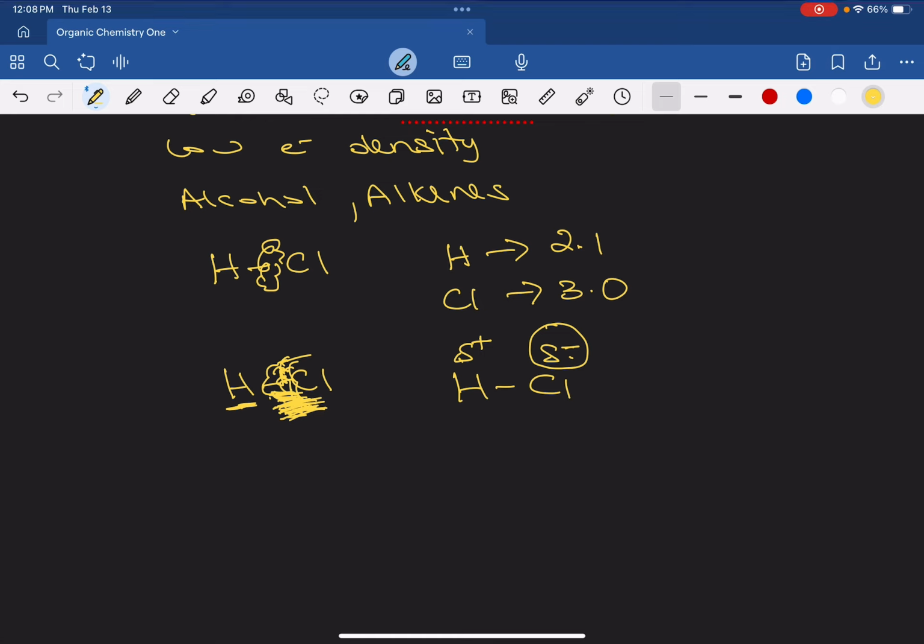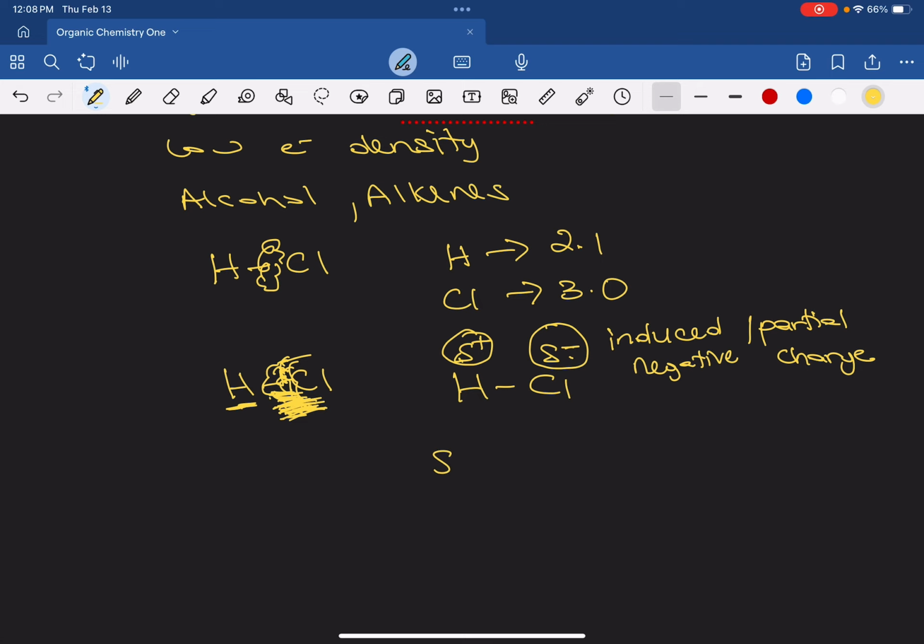So in hydrogen chloride, the chlorine has a slightly negative charge, or what we call the induced negative charge, or a partial charge. And this is an induced positive charge or partial positive charge.